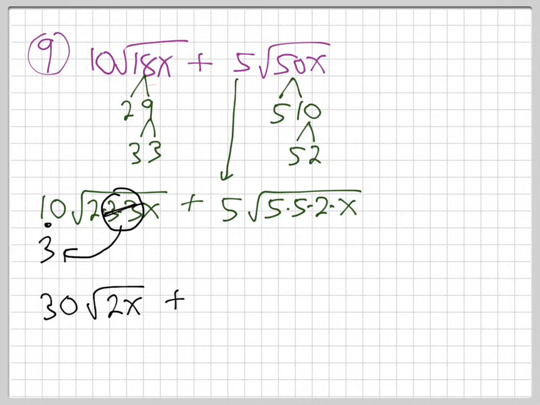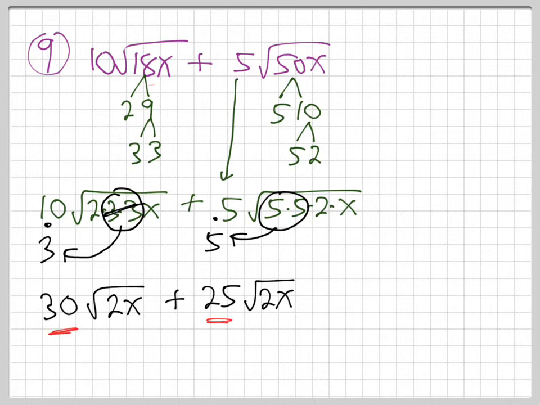Now what happens with this one? Same thing. You kick out the 5. 2 5's in, kicks 1 5 out, and there's something out there waiting for it. Multiply, 25. What's left in the root? 2x. And now I ask again, are they like roots? Now they are, once they're simplified. Now we can add them. So 30 and 25 makes 55.